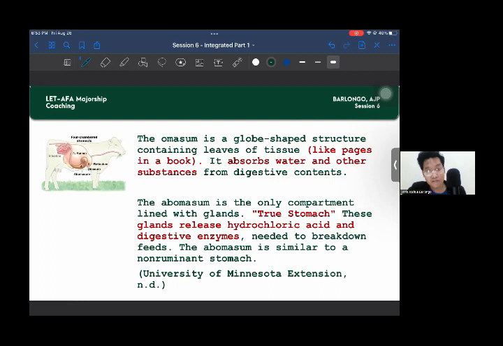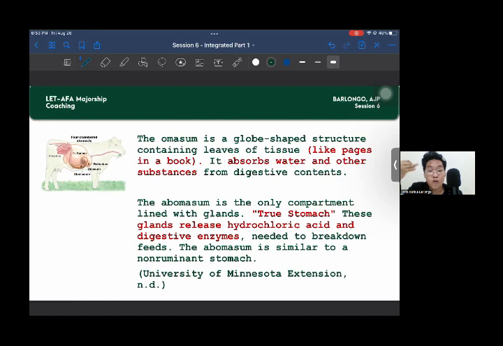Ayun. So, ito, nakalagay dito. The abomasum is similar to a non-ruminant stomach. So, again, kaya kailangan ng ruminants ng bulk foods. It's because they have 4 compartments sa kanilang stomach. First is yung rumen, reticulum, omasum, and abomasum. So, ang rumen, ito yung pinakamalaki.